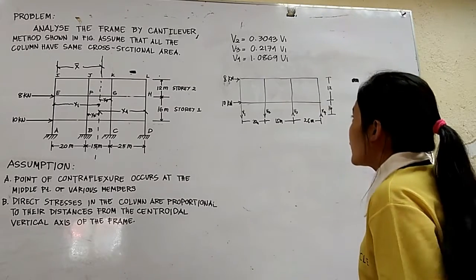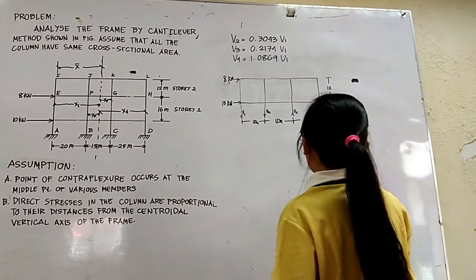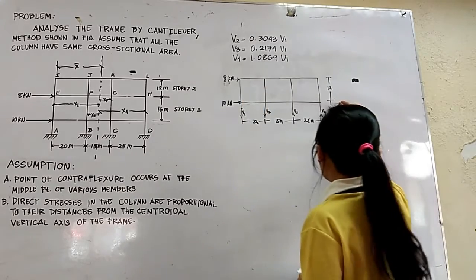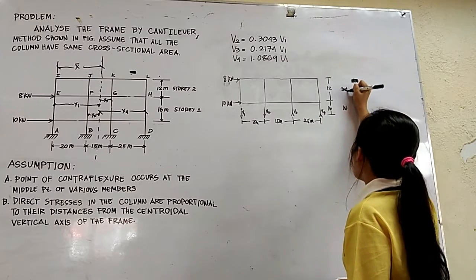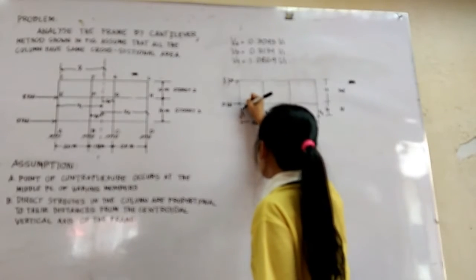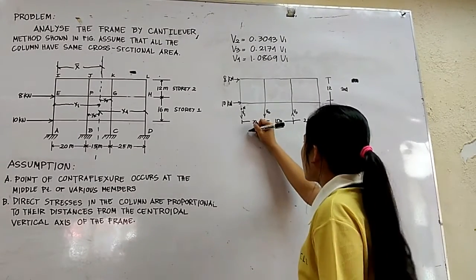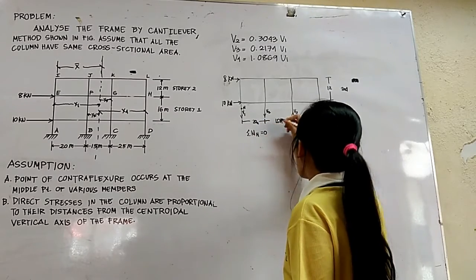So here, we will look for the contraflexure in the first story, which is N. Let's say it is in the middle. Here is the first story, then the second. Let's find the contraflexure first. Let's say the contraflexure is N. We take moments at N. The summation of moments at N equals 0.